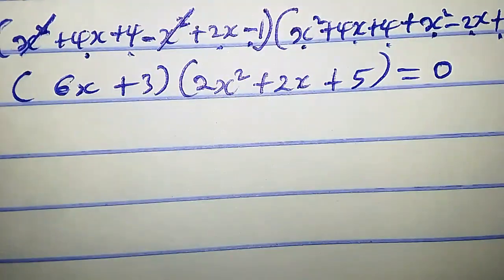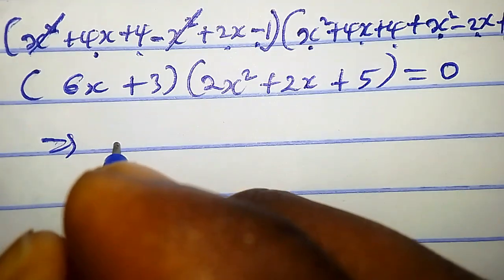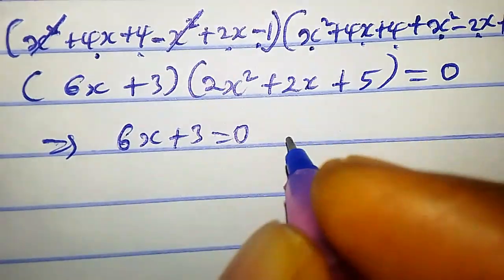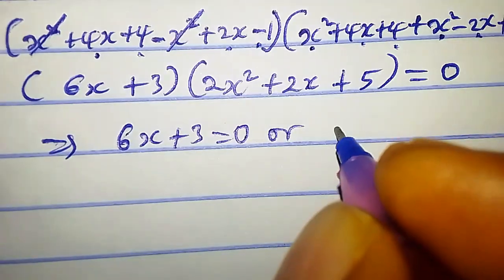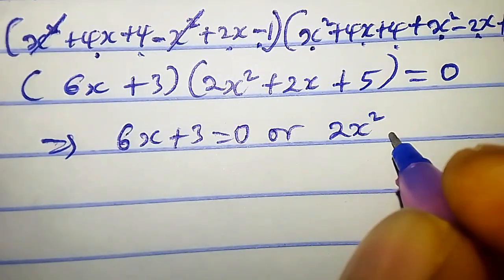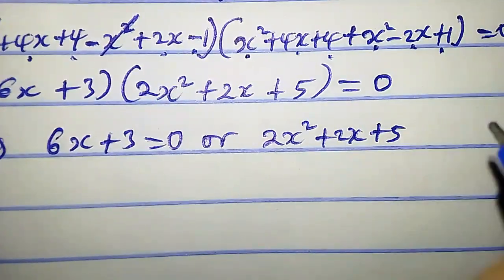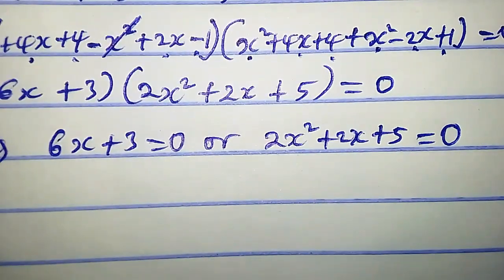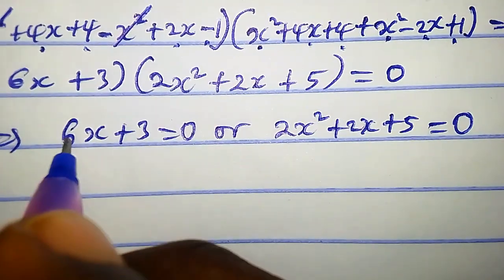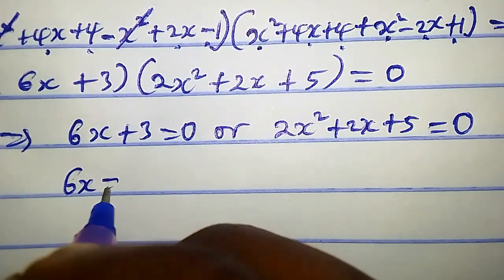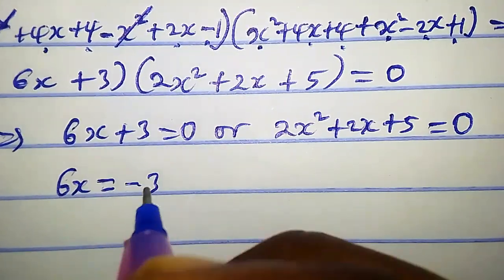Let's proceed further. This implies that 6x plus 3 is equal to 0, or 2x squared plus 2x plus 5 is equal to 0.